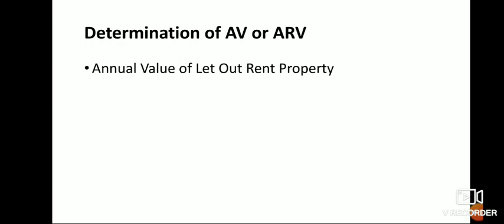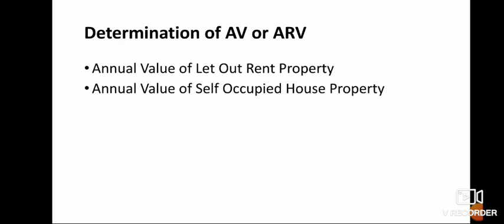It can either be let out house property or it can be a self-occupied house property. A let out house property is a house that is let out for rent, whereas the self-occupied is used as a residence by the assessee himself. The annual value is calculated differently in these two situations, which we will be doing.